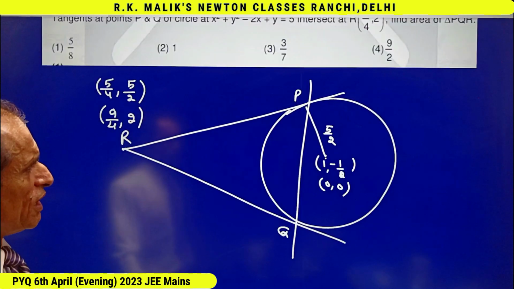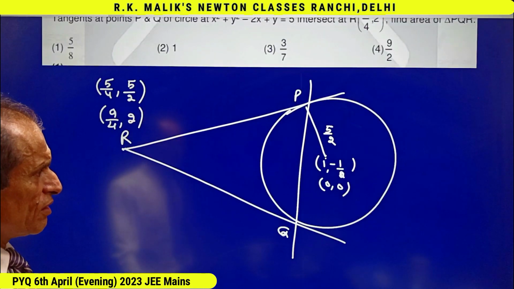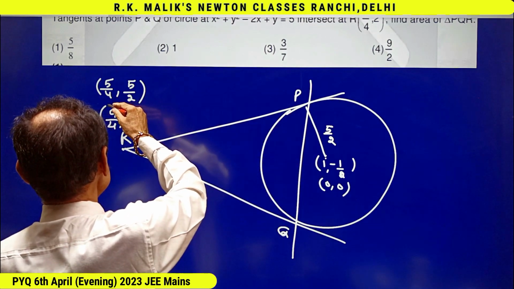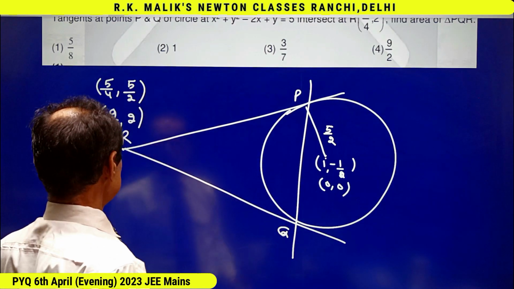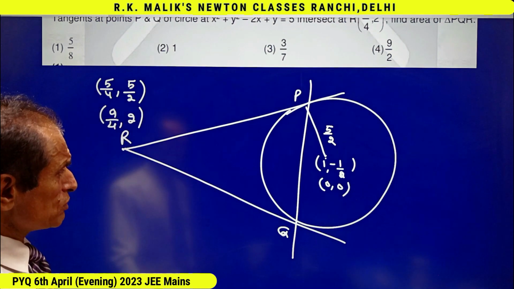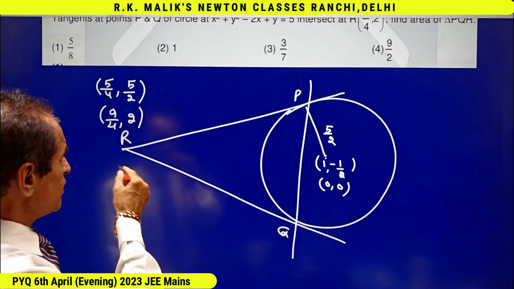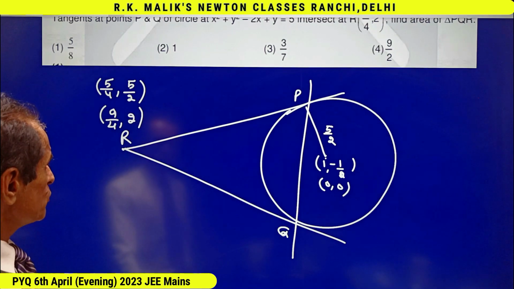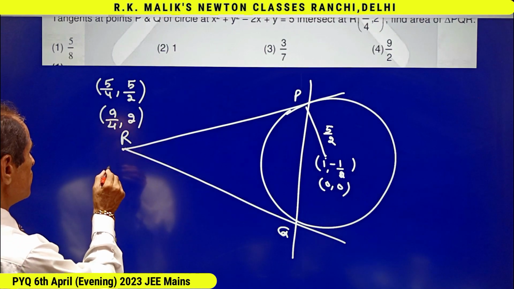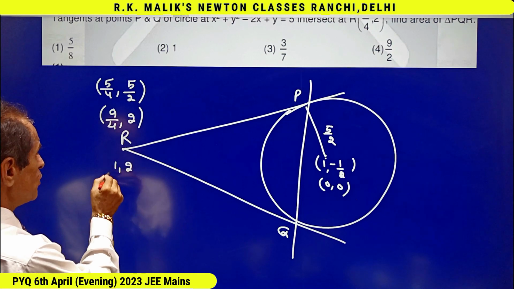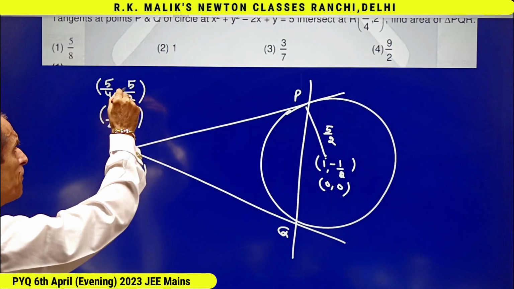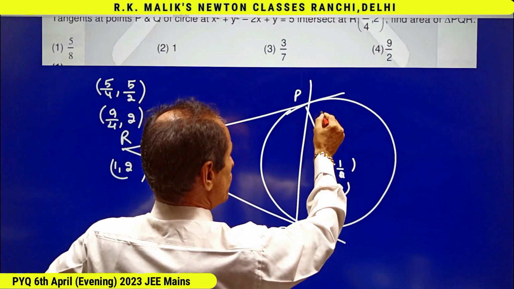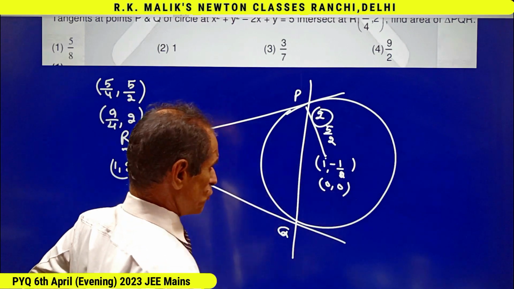And to make our calculation simple, because this length is 5 by 2, x coordinate is 5 by 4, y coordinate is 5 by 2, I divide x coordinate and y coordinate by 5 by 4. By doing so, this point will become (1, 2), because 5 by 2 upon 5 by 4 will be 2, and this length will also become 2.